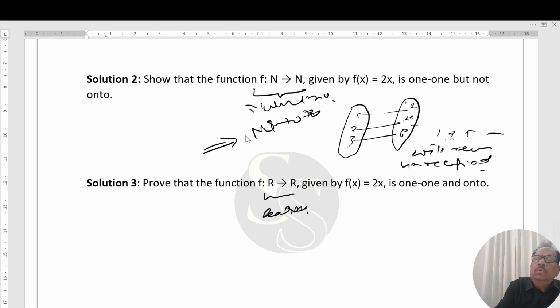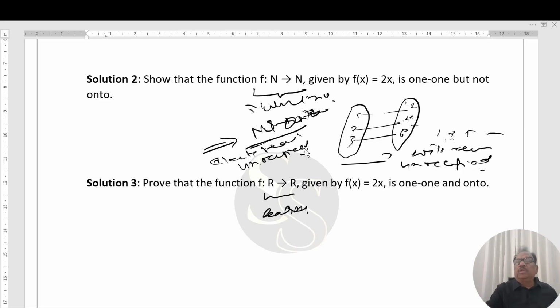So, not onto. Reason: in this one, elements remain unoccupied.